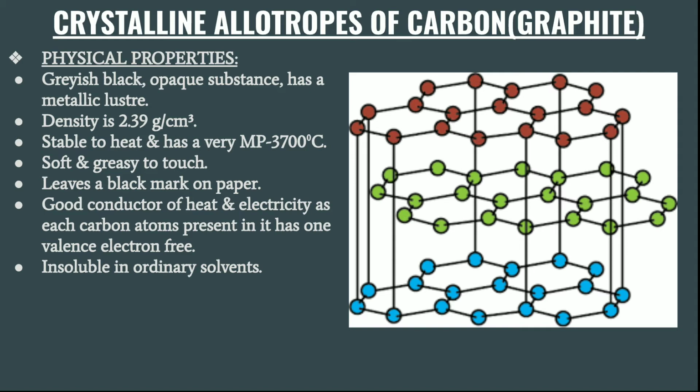It's a good conductor of heat and electricity, as each carbon atom present in it has one free valence electron. That's why it's a good conductor, mainly of electricity. It is insoluble in ordinary solvents; it does not dissolve in them.